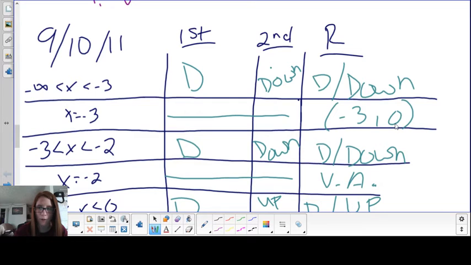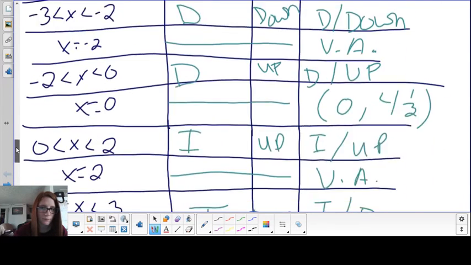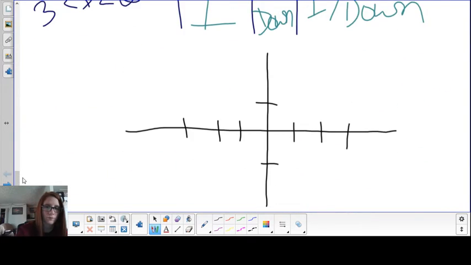So I've got a point at negative 3, 0. I've got an asymptote at negative 2. So dotted lines, we can't go past there. I've got a point at 0. I forgot I have to put my 4.5 on there.